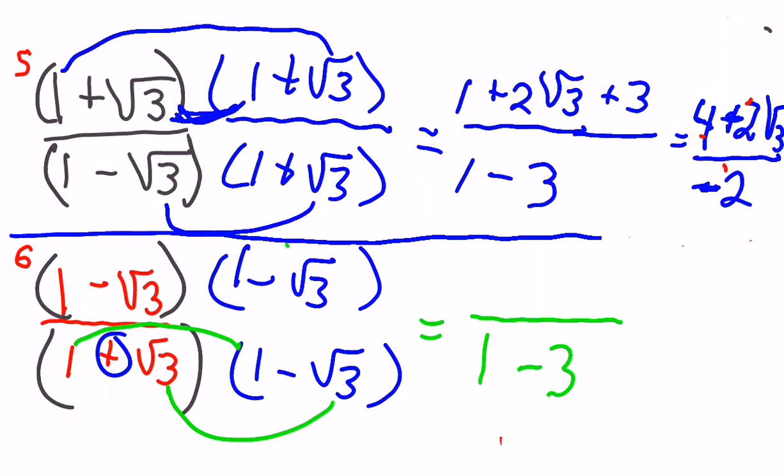And on top, they probably won't cancel away. Let's check it out. 1 times 1 is 1. 1 times negative square root of 3 is negative square root of 3. And on the inside, 1 times negative square root of 3 still is another negative square root of 3.